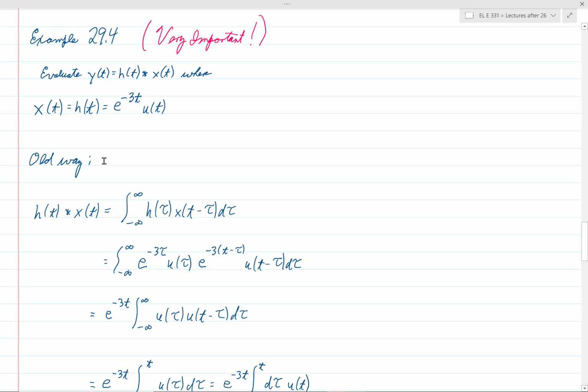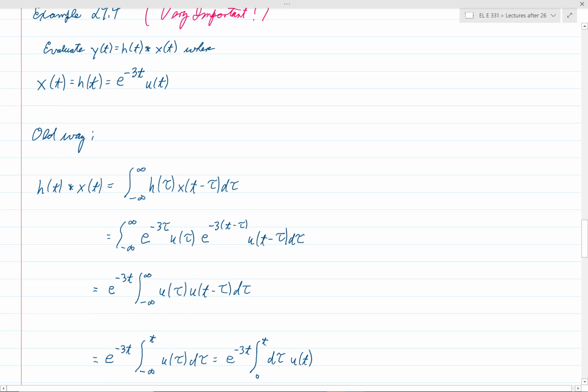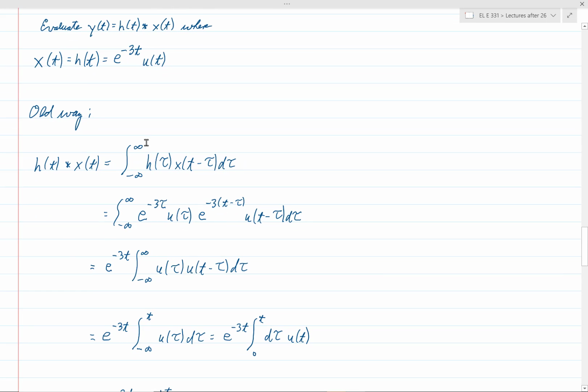Now, our old way of doing a problem like this would be just the brute force method of writing down the definition for the convolution integral. And since h and x here are the very same function, it doesn't matter if we write it down as h of t times x of t minus tau or x of tau times h of t minus tau, because obviously either way we will get exactly the same integrand.